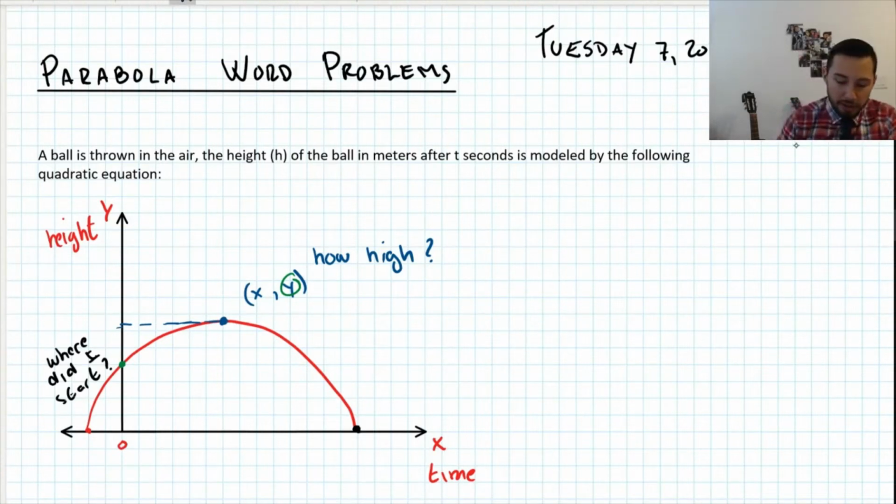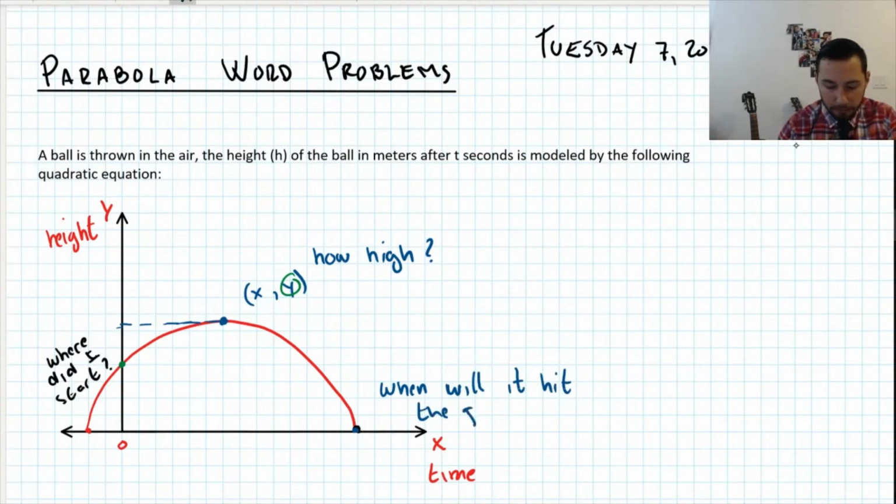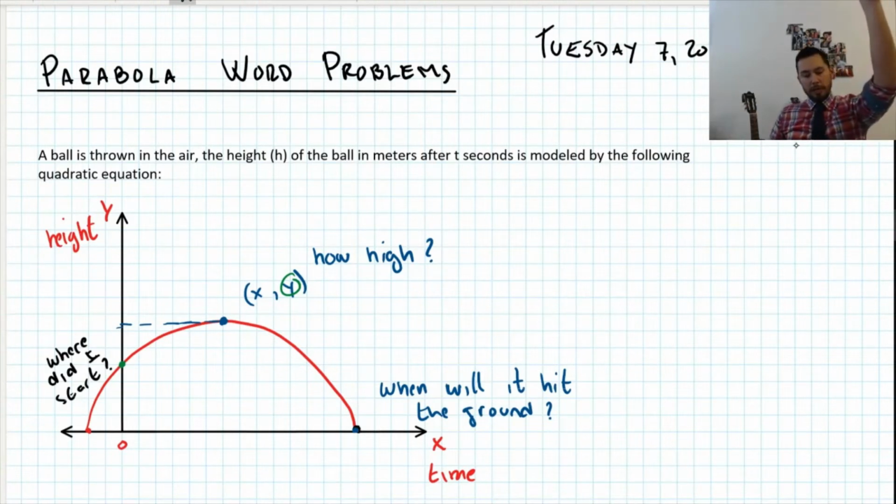So my second 0, my farthest 0 here, will always answer the question, when will it reach the ground? When will it, let's say, hit the ground? Right, so now I have the answers for the question, how high, where did I start, and when will it hit the ground.